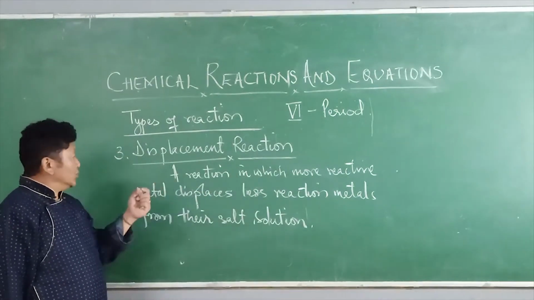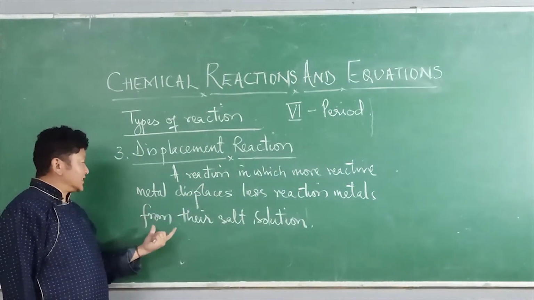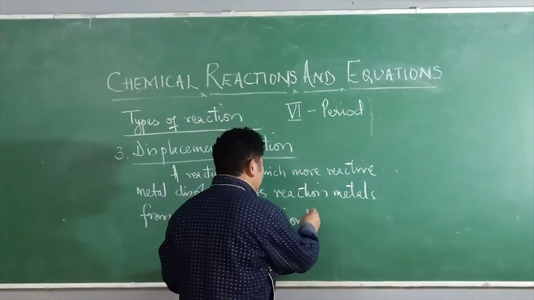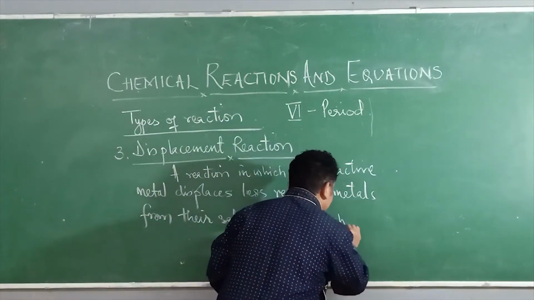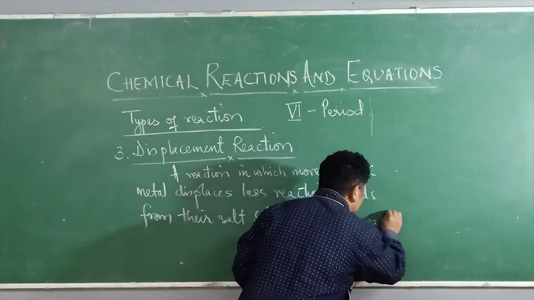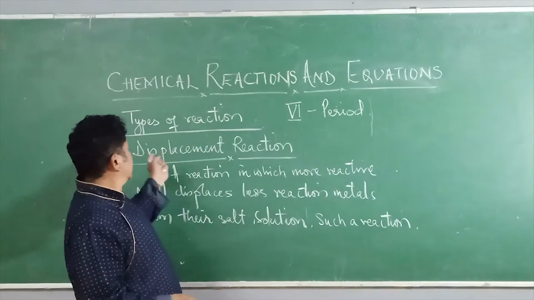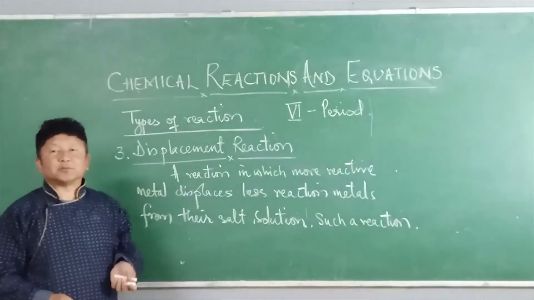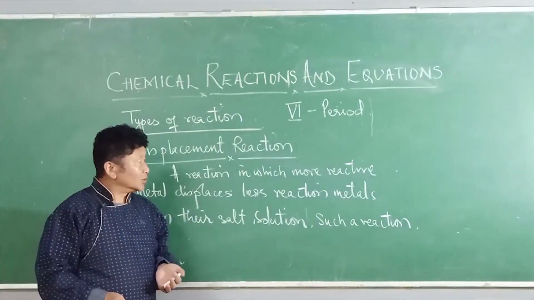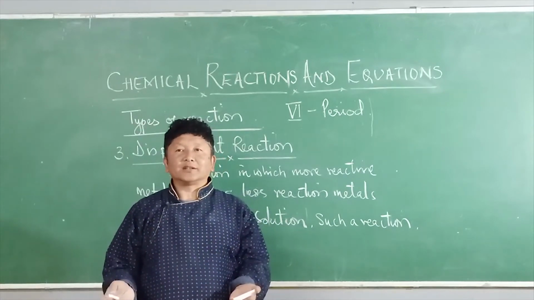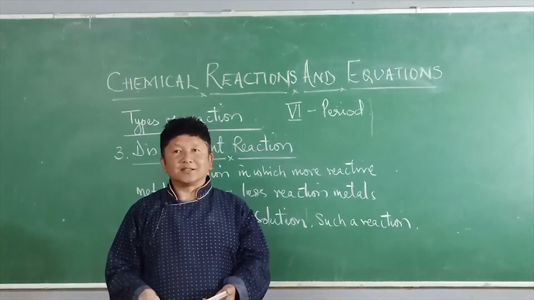A reaction in which a more reactive metal displaces a less reactive metal from its salt solution is called a displacement reaction. So here you should know which metals are more reactive and which metals are less reactive.